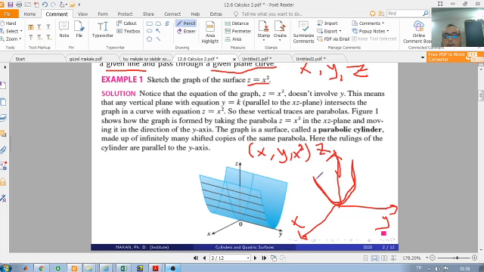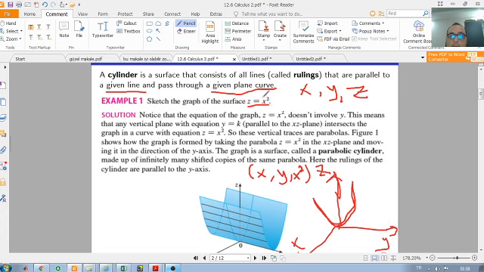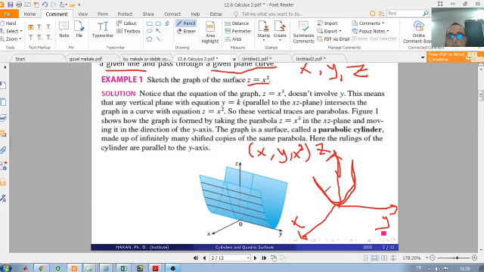So how can we sketch the graph of this surface in a three-dimensional coordinate system? After sketching the graph of this plane curve, which is one of the conditions to define a cylinder, now we will define a line. This is determined by moving the plane curve along the variable which is missing in the equation.